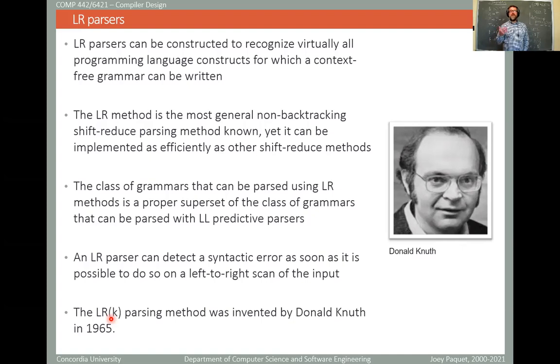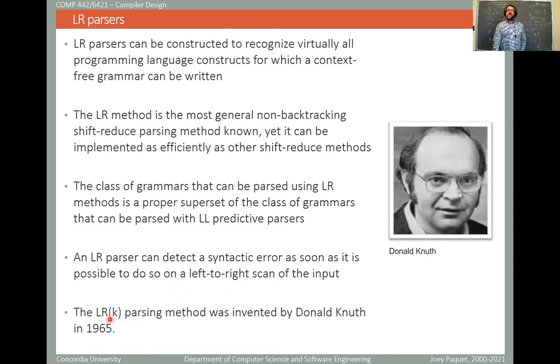It means how many tokens you need in order to proceed with the parse. In general, what you want is a parsing method that only needs the one next token, or else you may have to do backtracking. We already saw that you don't want backtracking because it's inefficient.